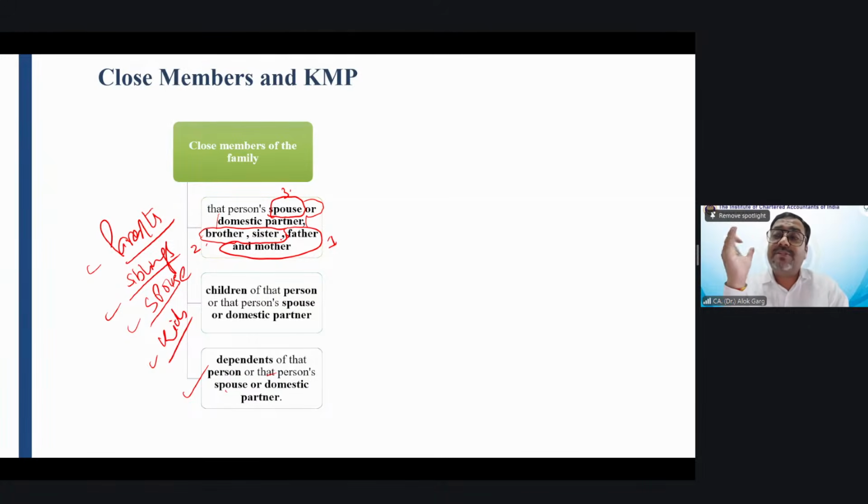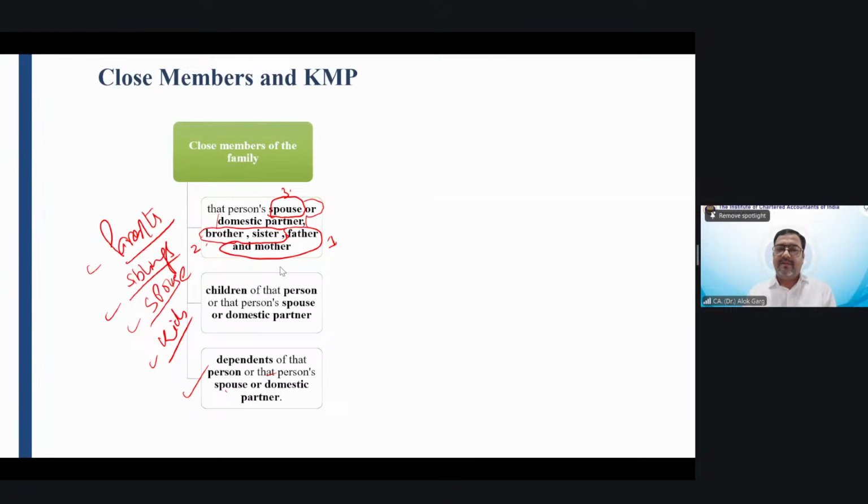The domestic partner's parents or siblings will also be the close member of the family of that person, if those siblings or parents were dependent on the domestic partner or on the person, right? Is that clear? So dependents of that person or that person's spouse or domestic partner. I hope it is clear to all of you.